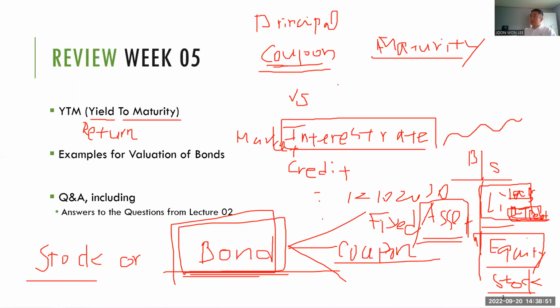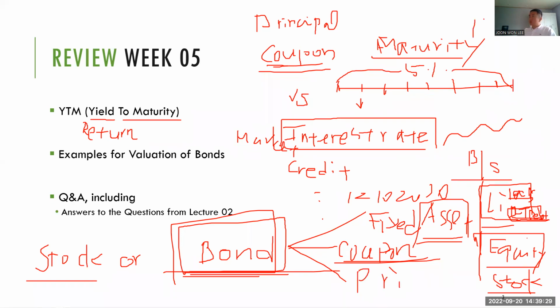Coupon means that during the fixed period, usually annually or semi-annually, the bond pays interest, or a coupon payment. The coupon rate is fixed when the bond is issued, let's say 10% or 5%, so over the life of the bond the coupon payment does not change. It also has a principal.